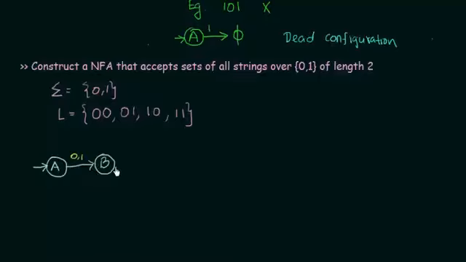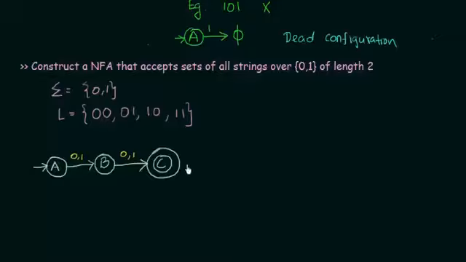Now on getting the next input, whether it is 0 or 1, I send it to the next state, which I will call state C. And at this point, the length of my string is 2. I got my first input here, second input here. So this C should be my final state or accepting state, right?